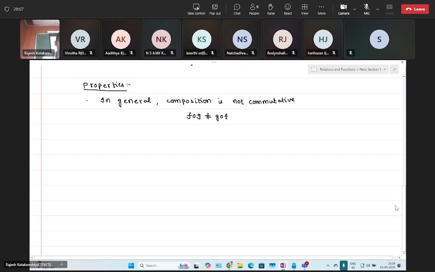This is in general. Commutative property won't be satisfied.